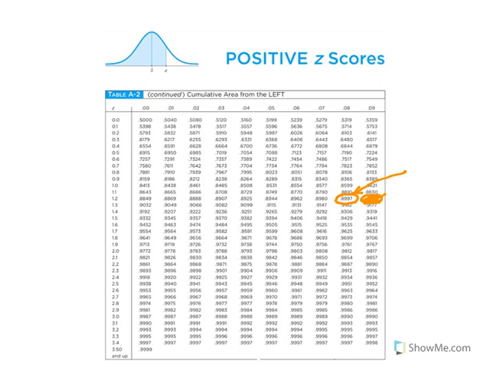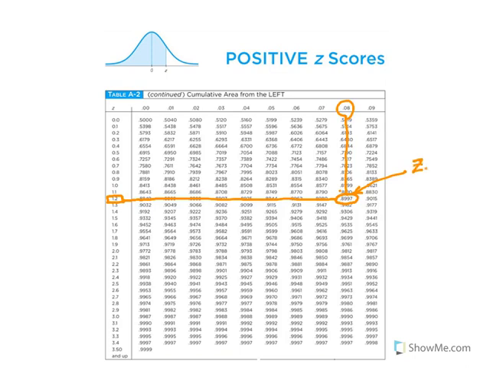Unless it falls exactly in the middle between two numbers, then watch using the Z-table part 3. It will tell you how to deal with it. You average the Z-scores. But in this case, it's much closer to one Z-score than the other, so we take the one that it's closer to. This comes from 1.2 here and 0.08.